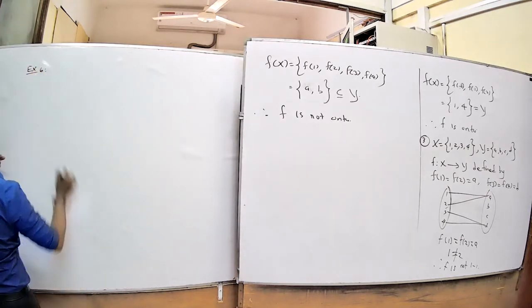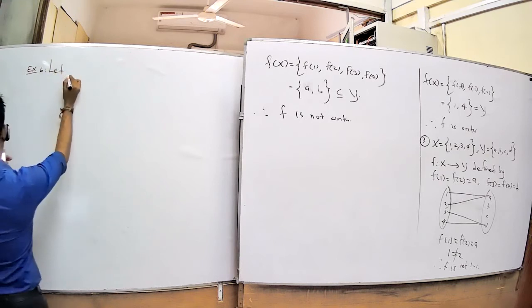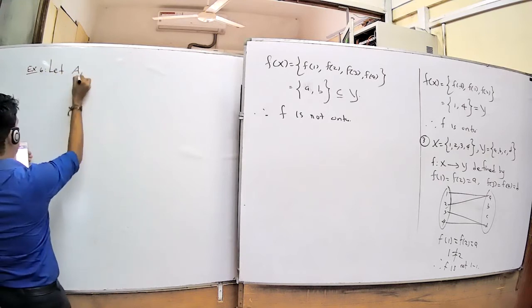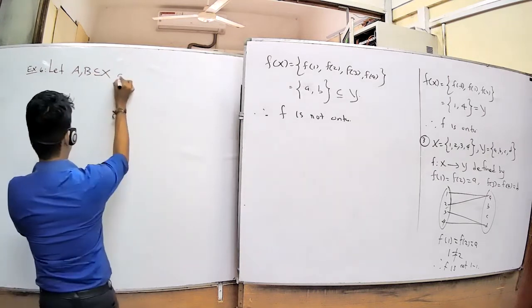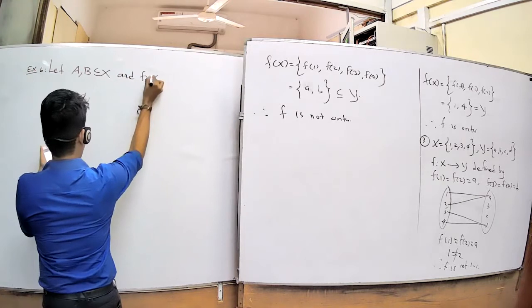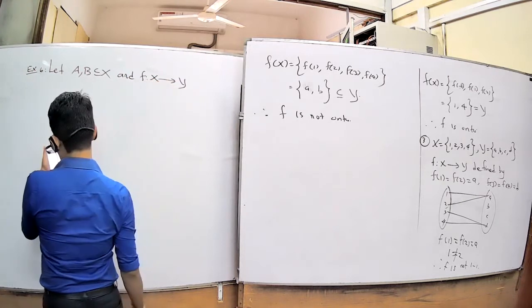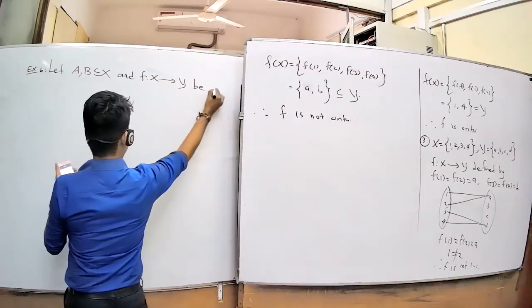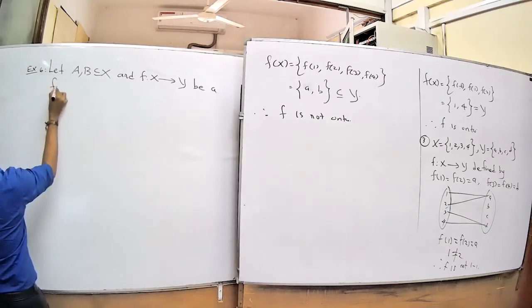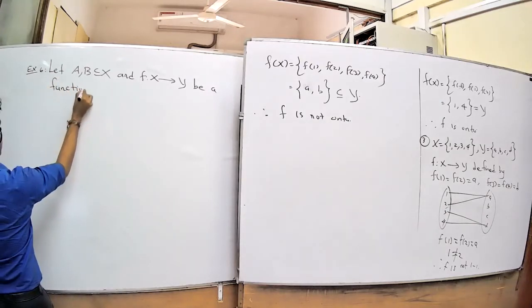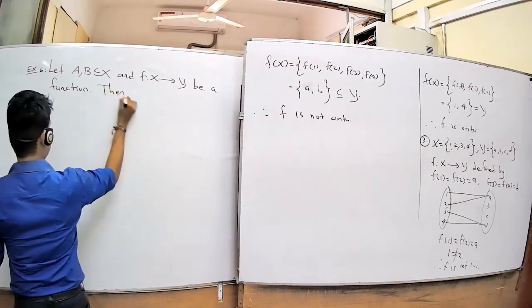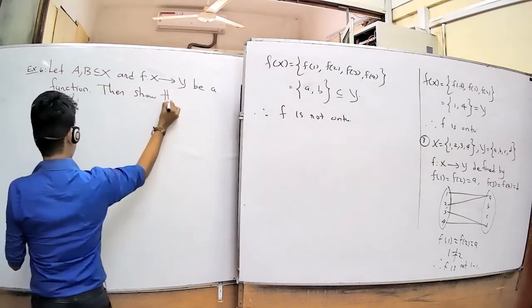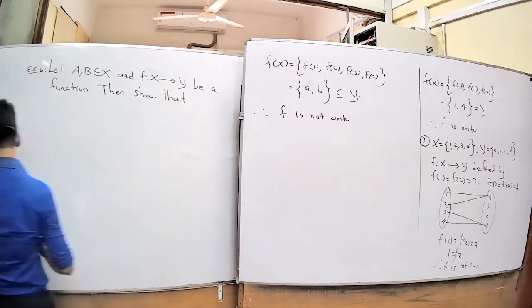Six. Let A and B be subsets of X, and let f from X to Y be a function. Then show that, there are 4 conditions.